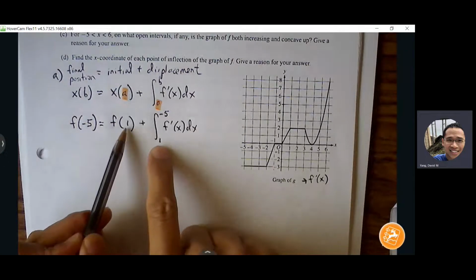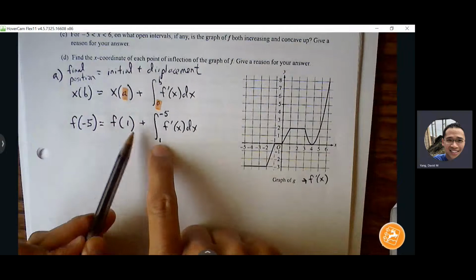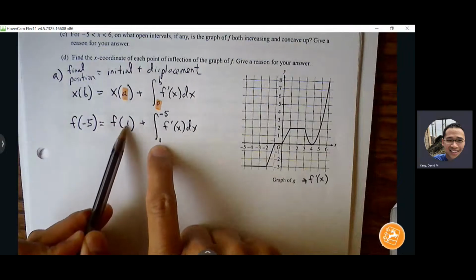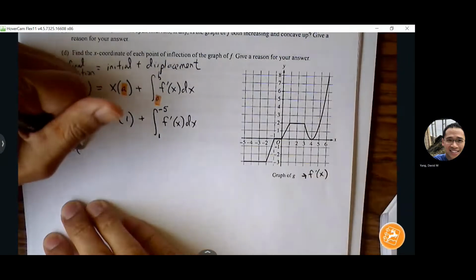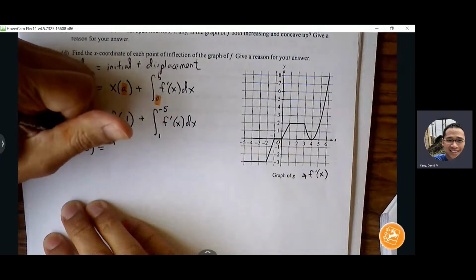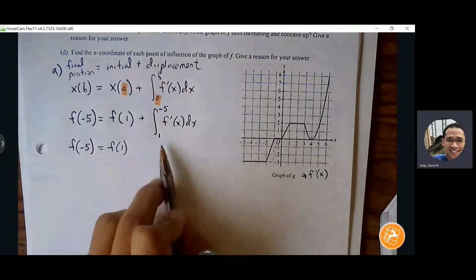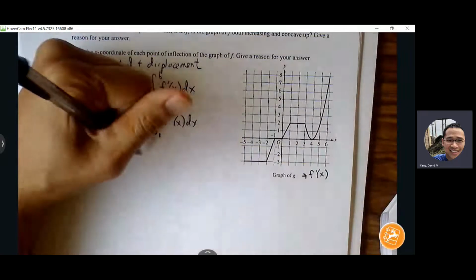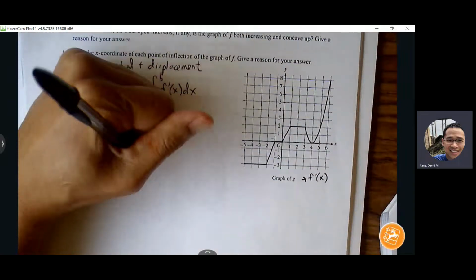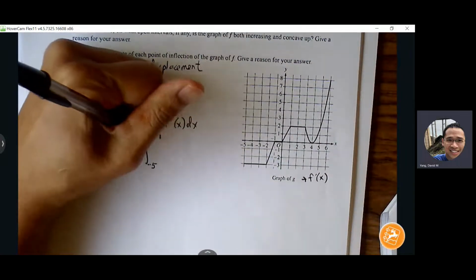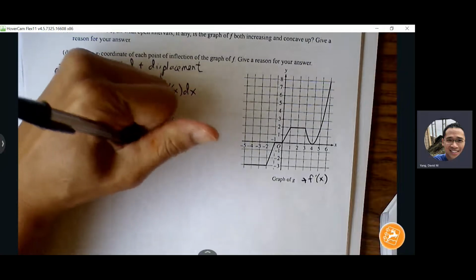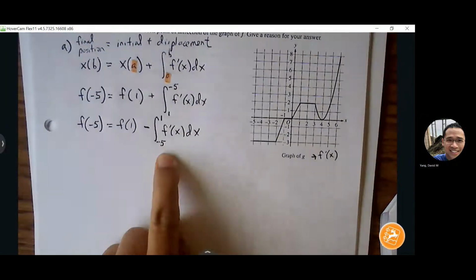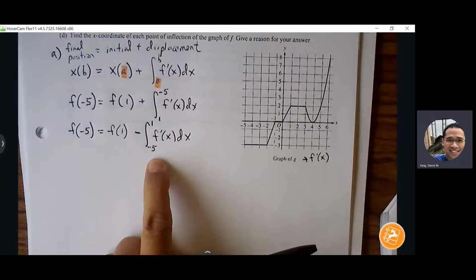I see a lot of students run into an issue here, not making those the same to begin with. Now that I want to read this graph from left to right, I can change the bounds, and as I do that, I change the sign as well. Now I can go to my graph.